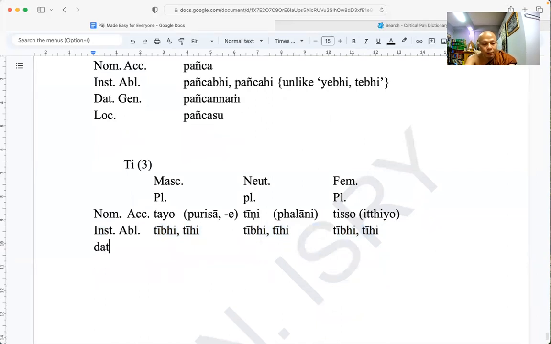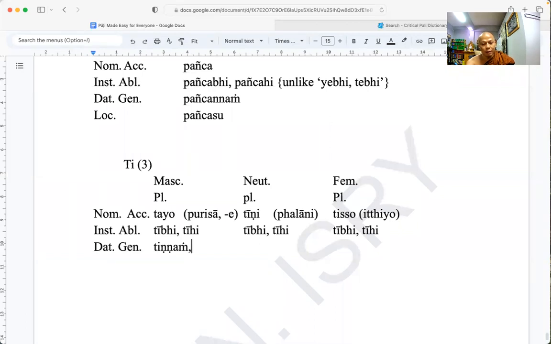And then dative, and then genitive. So Dane, but so it becomes with the dot. Dane. Okay.